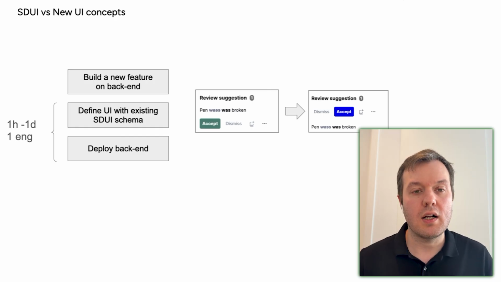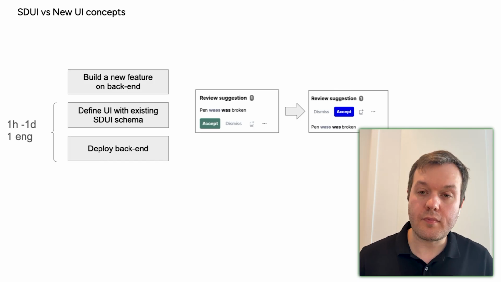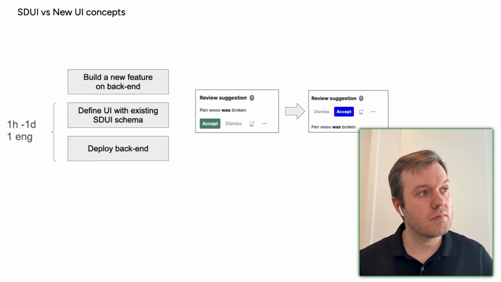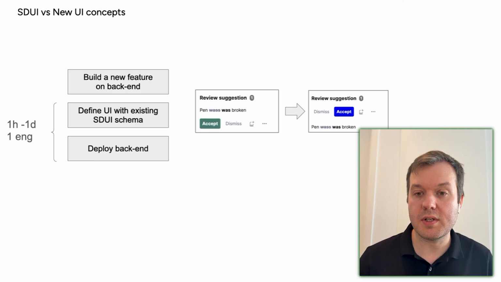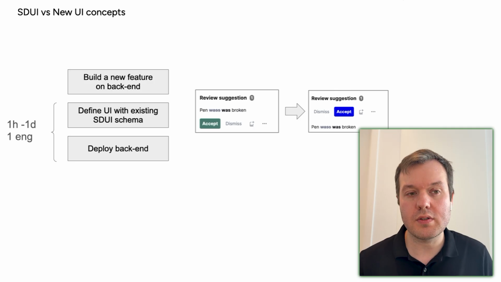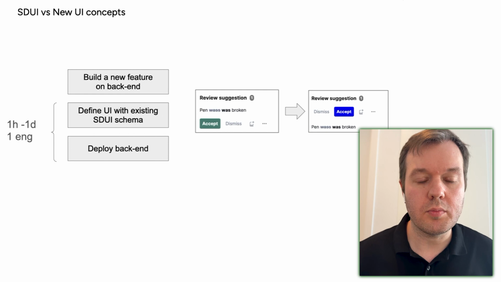For example, if you would like to change the color from, say, green to blue, it's relatively easy. Depending on whether you're going to run a couple of experiments or you already know what you're building, it might be even one hour, a couple of hours, if you're familiar with the whole pipeline.